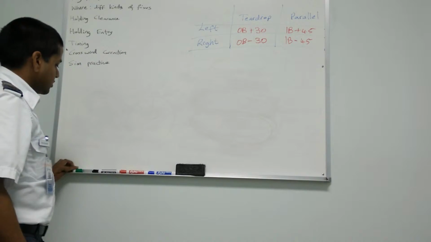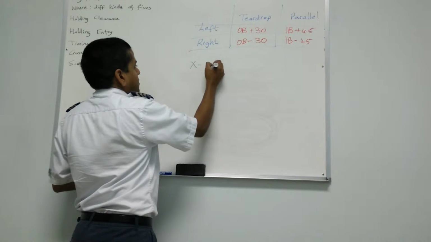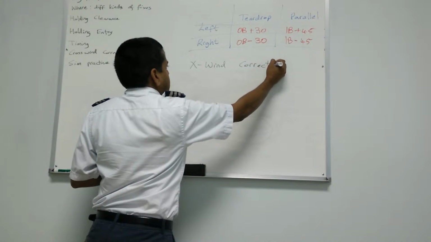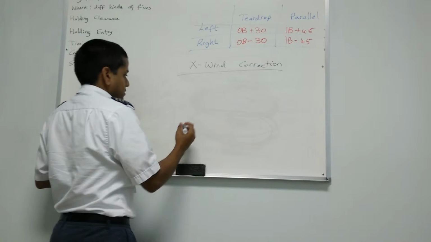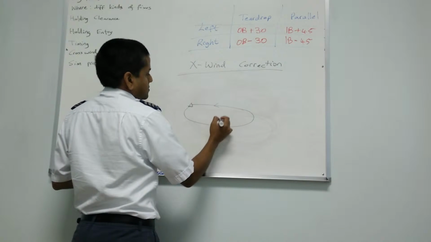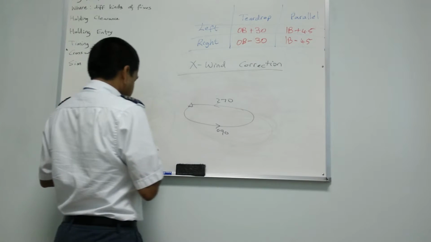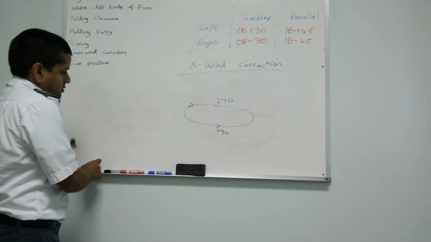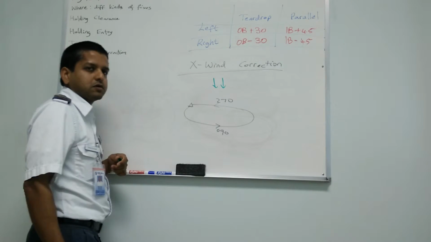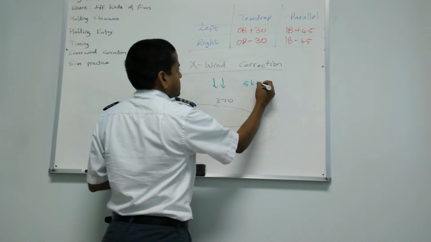Alright, the next thing we're going to talk about is crosswind correction. Same hole. We have a crosswind coming from this direction, let's say, to make it simple, 5 knots.